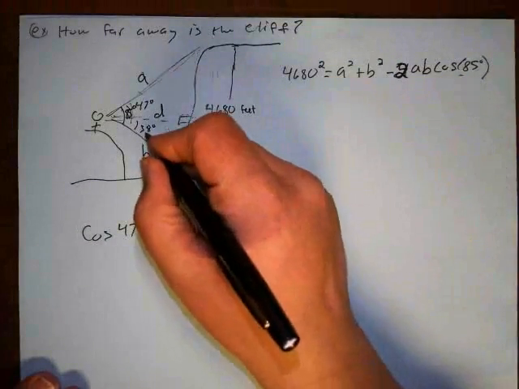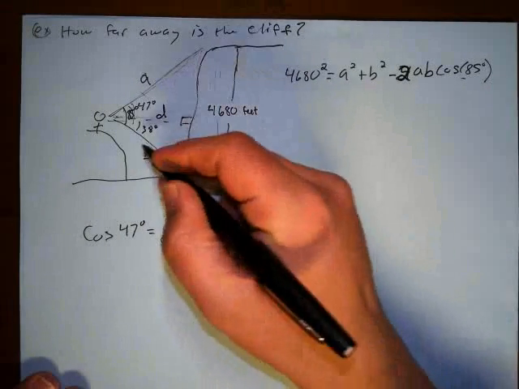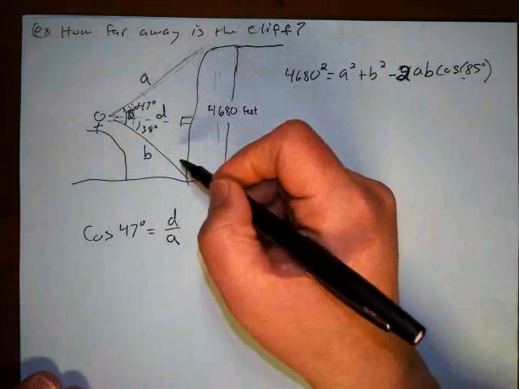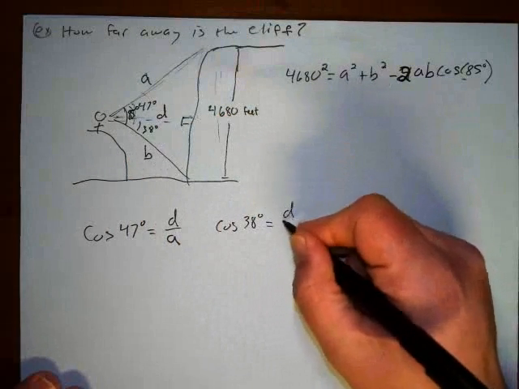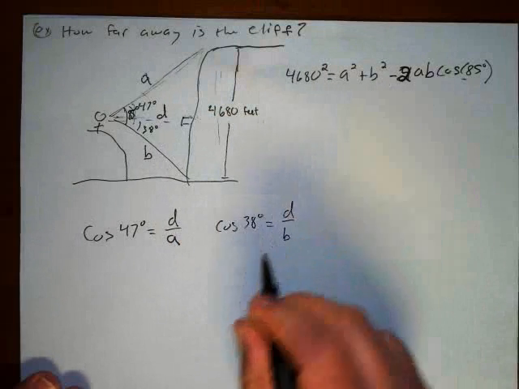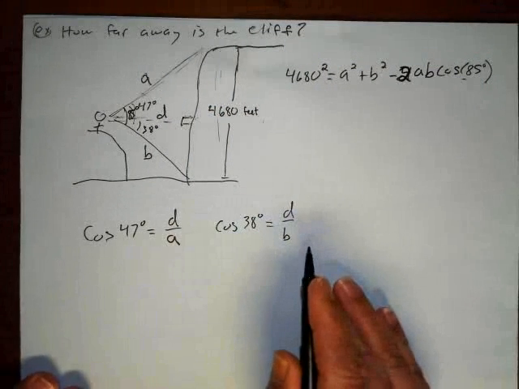And in a similar way, I can say that the cosine of 38 degrees is D over B. Now I'm bringing in the A and the B, and here I'm bringing in the D.